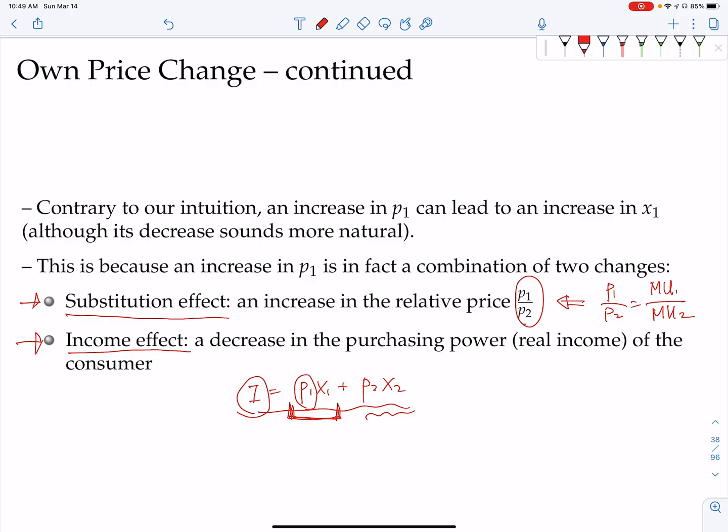So let's say you have the choice of drinking beer and soju, okay? Or you can even make a bomb shot, right? 폭탄주, right? So you can make a bomb shot out of soju and beer. And if you don't have enough money, what's gonna happen?